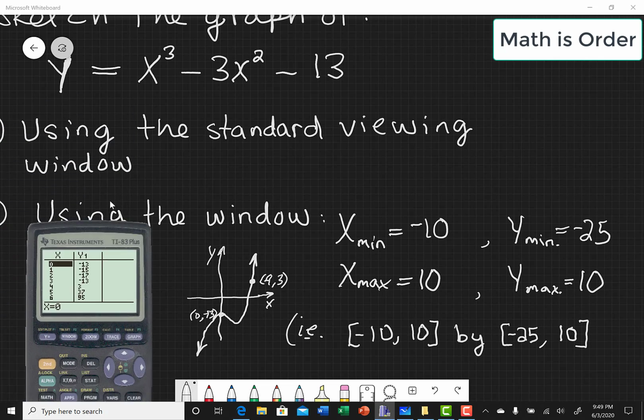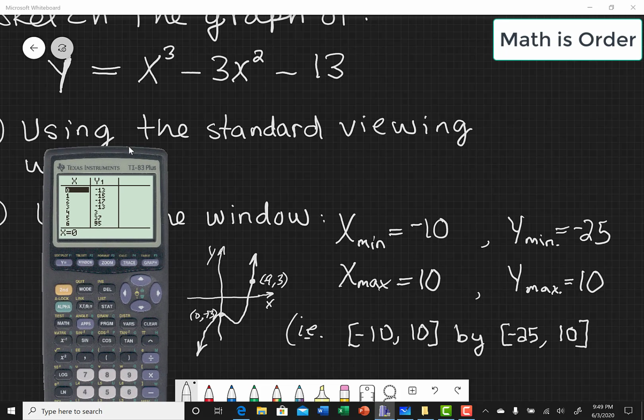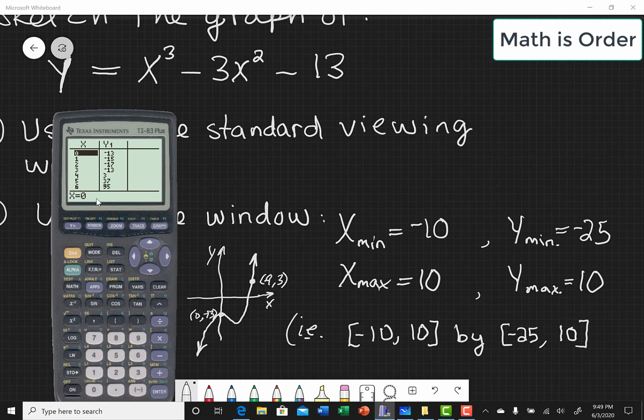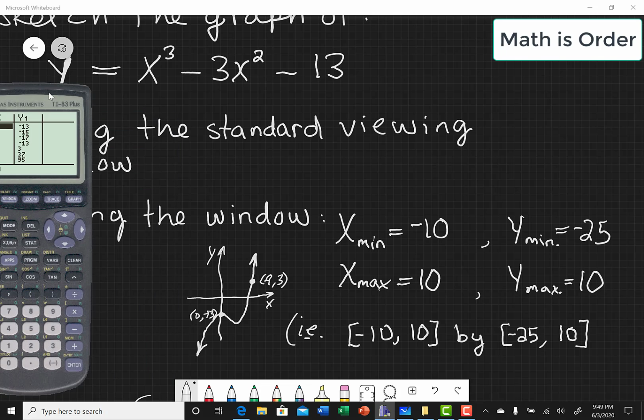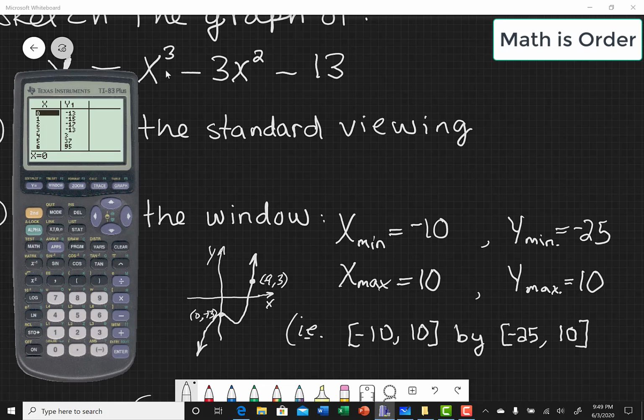All right, so what else we want to say here? Your calculator is a very powerful tool for confirming how the graphs of these equations look. You can also type in second, trace, and if you press 1 or value and then enter, you can type in an x value.